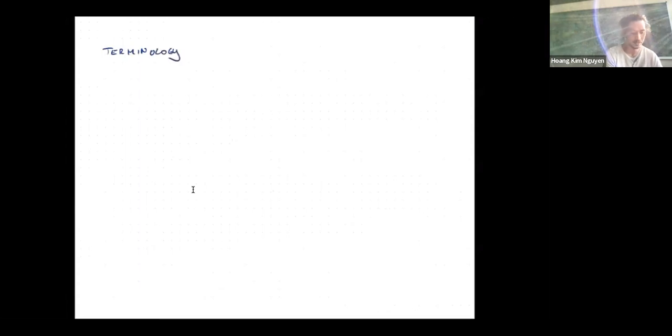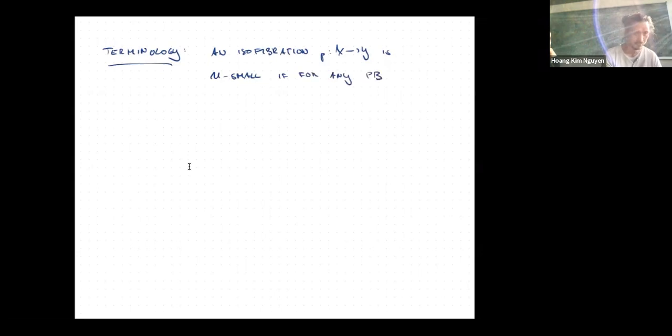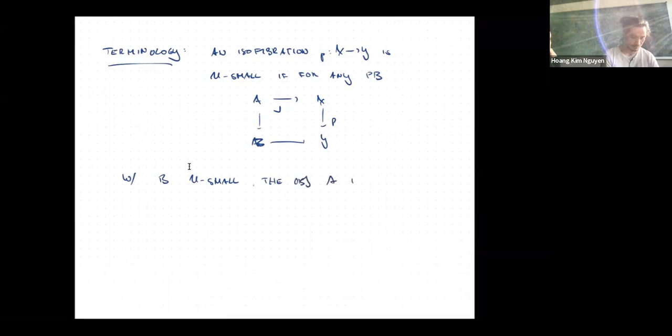The terminology is that an isofibration, call it P from X to Y, is U-small if for any pullback diagram with B U-small, the object A, the pullback itself, is U-small.